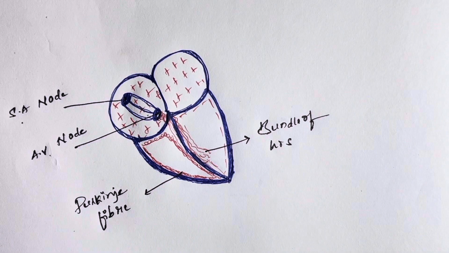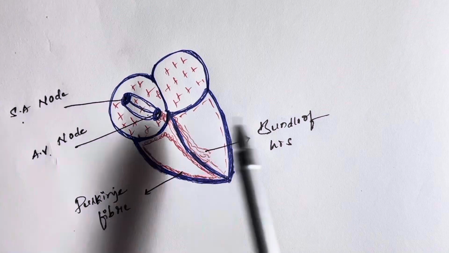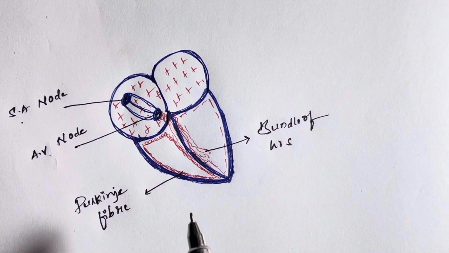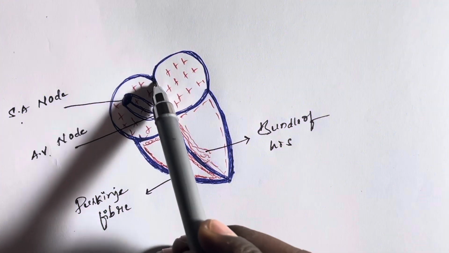The conductive system of the heart goes through these structures: from the SA node to the Purkinje fibers the impulse production will happen. Before going to that, we will learn some septums.